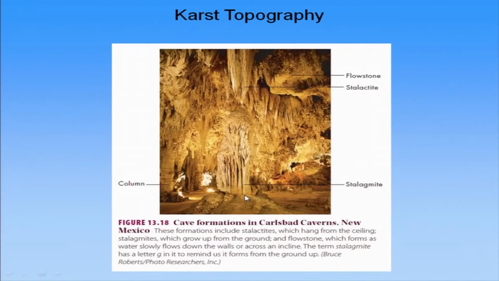Stalagmites are column-like features which are seen from the ground heading towards the sky, whereas from the upper side coming towards the ground are your stalactites, and the stalagmite is from the ground. This is again because of the flow of groundwater as well as the seepage from the surface.